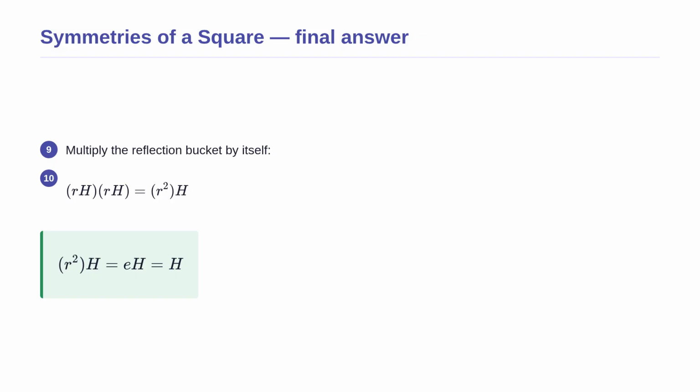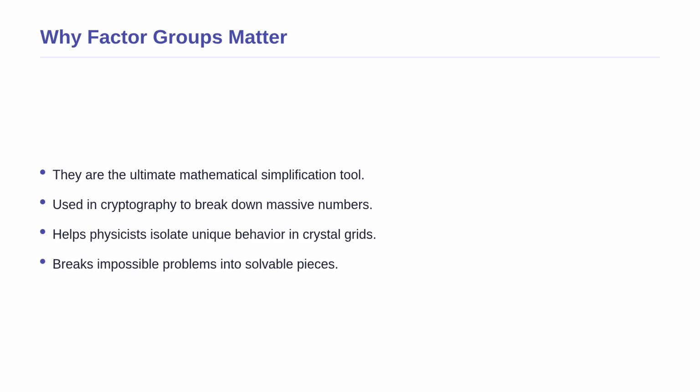We have successfully zoomed out from 8 complex symmetries to a simple system that just tracks whether the square is flipped or not.